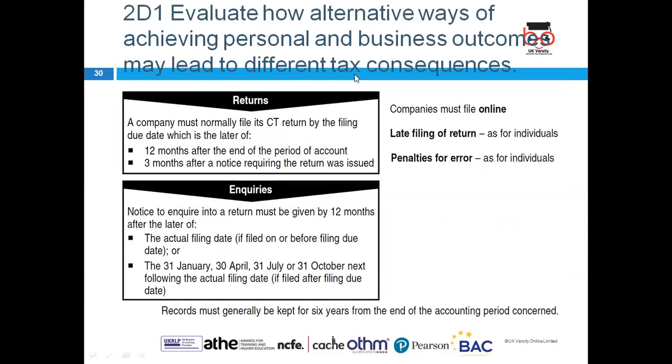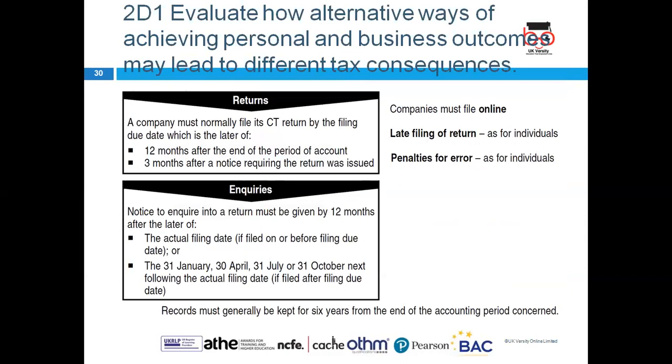Okay, so now the personal and the business. We can look at the distinction criteria, and we can add some examples. The company must normally file the corporation tax return by the due date, which is the later of 12 months after the end of the accounting period, or 3 months after the notice requiring the return was issued.